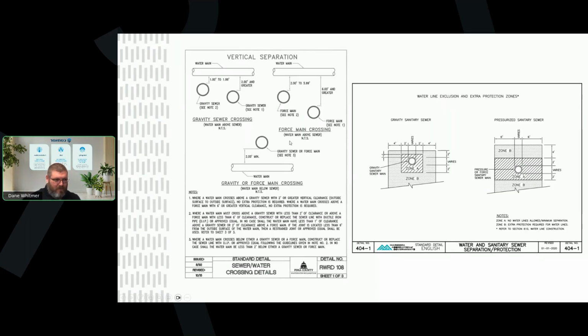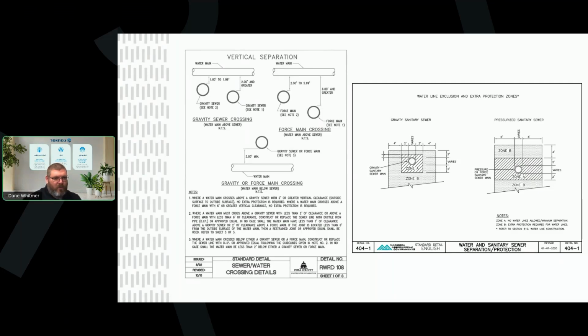Whenever possible, I'd never cross a water main below a sanitary sewer. And if that happens, I try to be very considerate of removing any joints within the area or sealing those joints, and I make those crossings as perpendicular as I possibly can, or 90 degrees to each other.